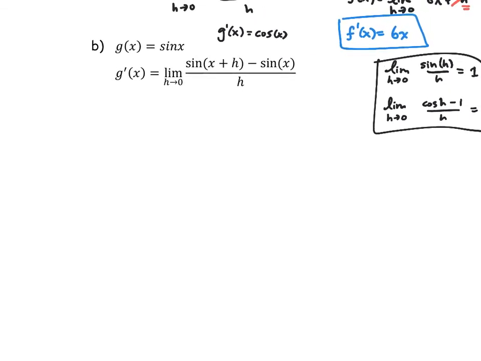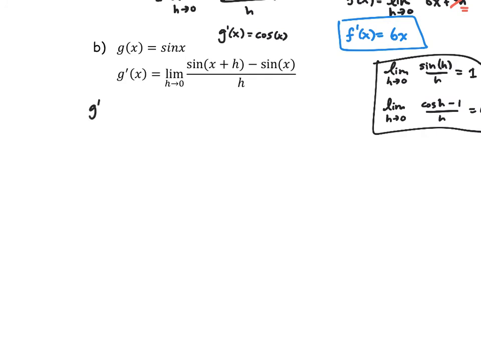Okay, let's expand this limit using sine of x plus h. So compound identity with sine, so that'll be sine of x cosine of h plus sine of h cosine of x.